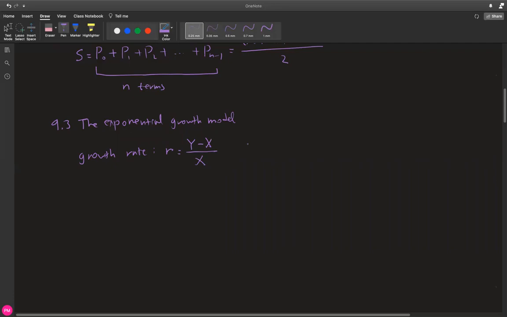Here, y is the end value, and here x is the baseline. So this is simply the growth rate if you went from x to y. That's all there is to it.